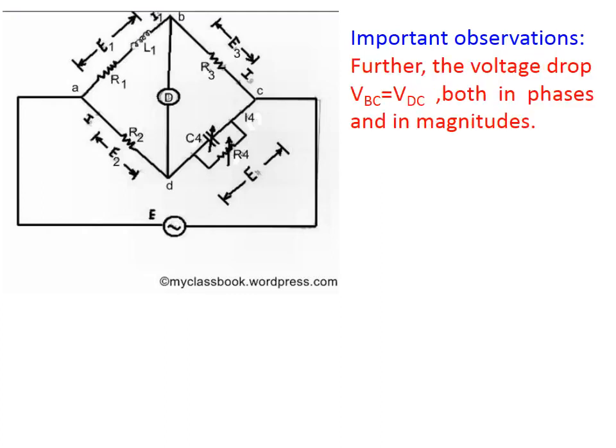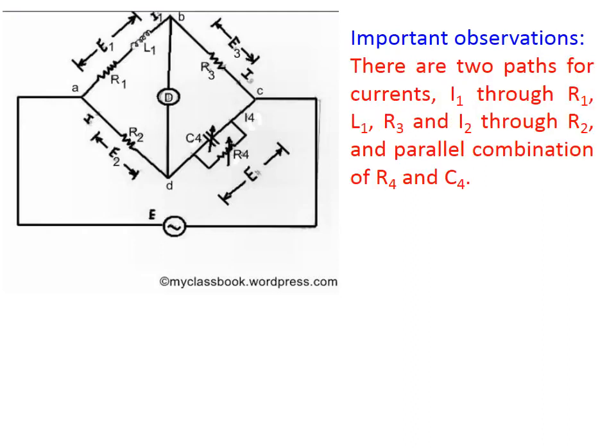Further, the voltage drop VBC equal to voltage drop VDC, both in phase and in magnitude. There are two paths for currents flowing between points A and C. Current I1 through R1, L1, R3 and current I2 through R2 and the parallel combination of R4 and C4.